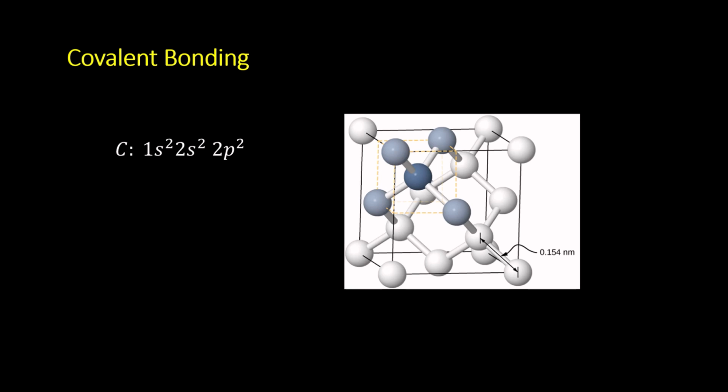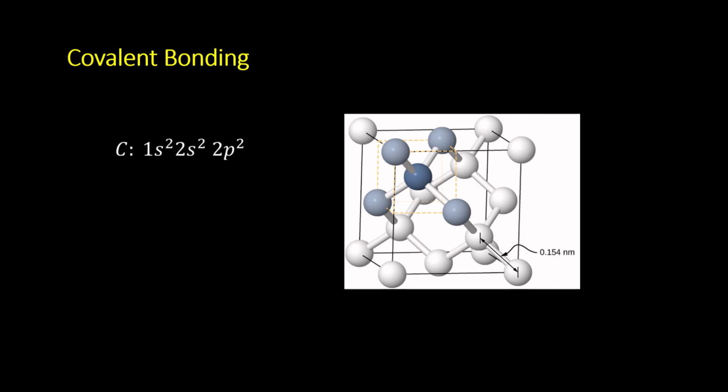So by sharing these 4 electrons with other carbon atoms in a covalent bond, the shells of all carbon atoms are filled. Here you can see that this single carbon atom represented by the dark blue sphere in the picture is covalently bonded to the 4 nearest carbon atoms represented by the light blue spheres.